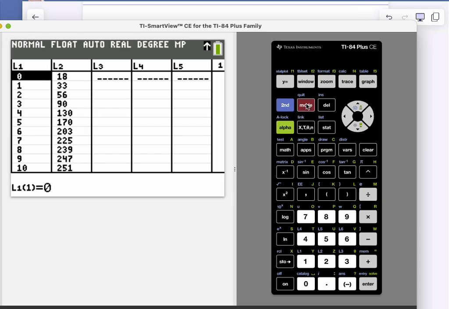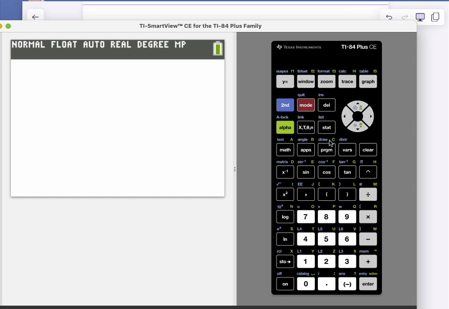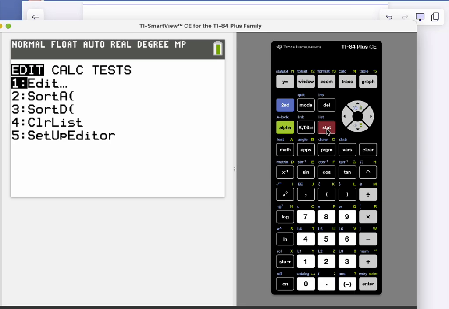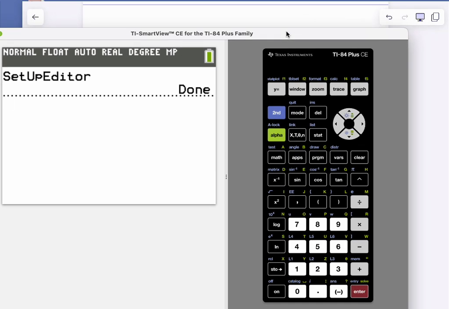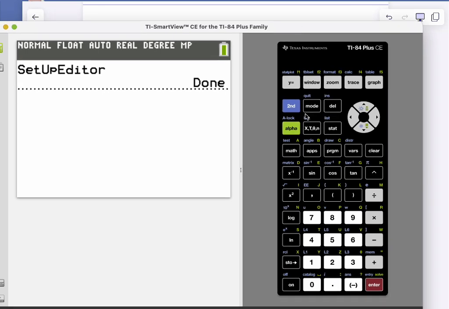So you don't have to do this every time, but if your L1 and L2 are missing, or something seems really wrong, go to Stat, and you see how it says Setup Editor? This is a good way to fix problems. So maybe you run it once and you never run it again, but I would do that. It's not going to do anything, but do Setup Editor, and then, like I said, it'll just say Done.